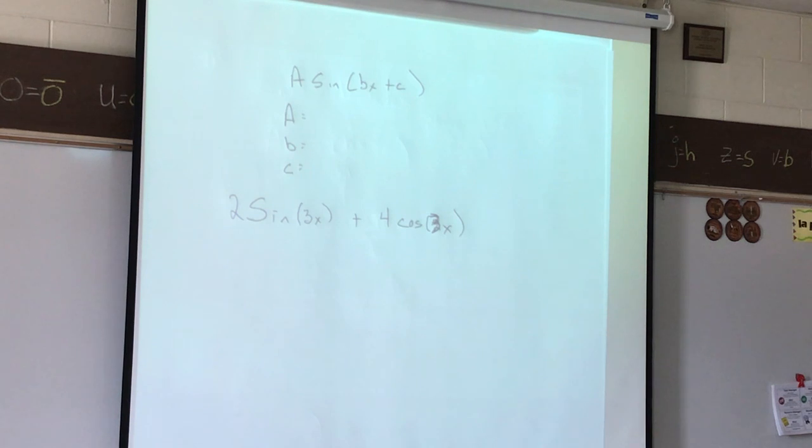2 sine 3x plus 4 cosine x. That is the equation we need to figure out how to write as a sinusoidal wave. So let me pull that equation up.